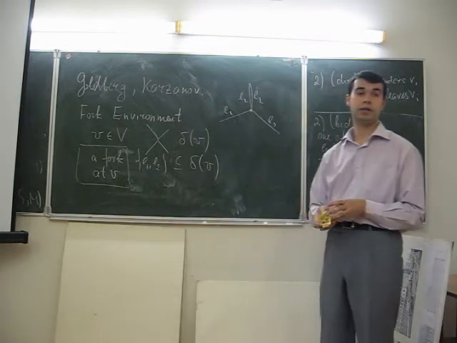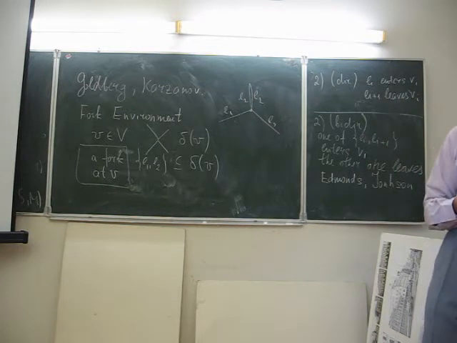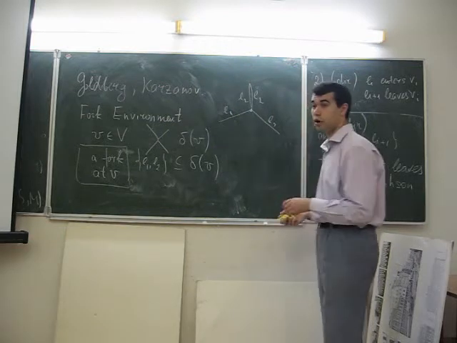Moreover, it turns out that this notion of fork environment is no more general than the notion of a bidirected graph. So we can reduce a general fork environment to a bidirected graph.